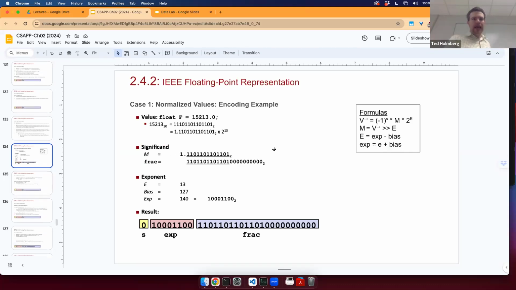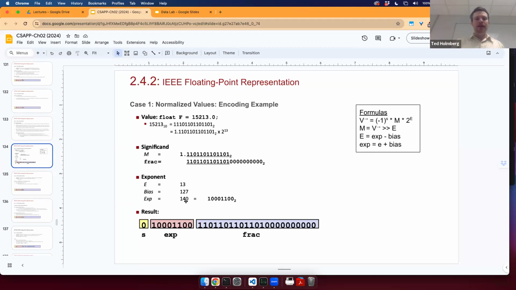So just as a case here, so we can see what this looks like, suppose that we have the following value. You can see we have our E term, we have our bias term, which is the constant value in single precision of 127, and our exponent value, which is effectively just our E term plus our bias term.